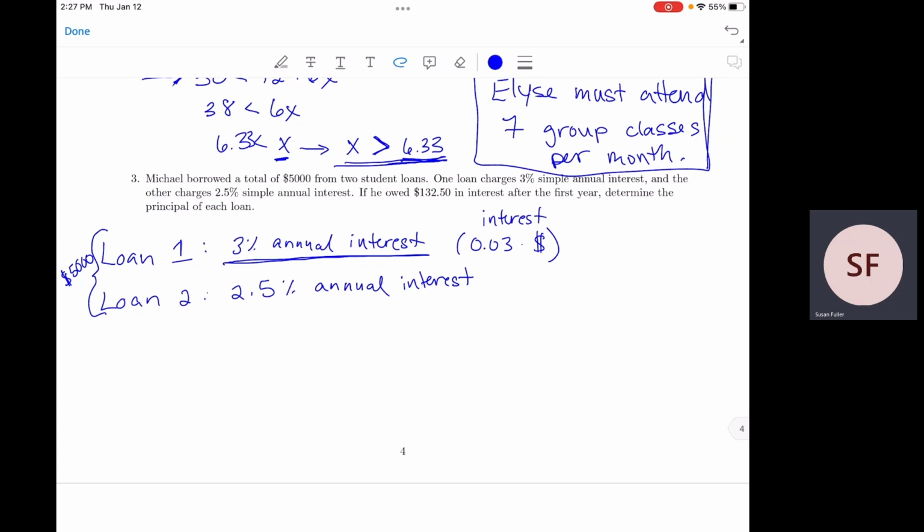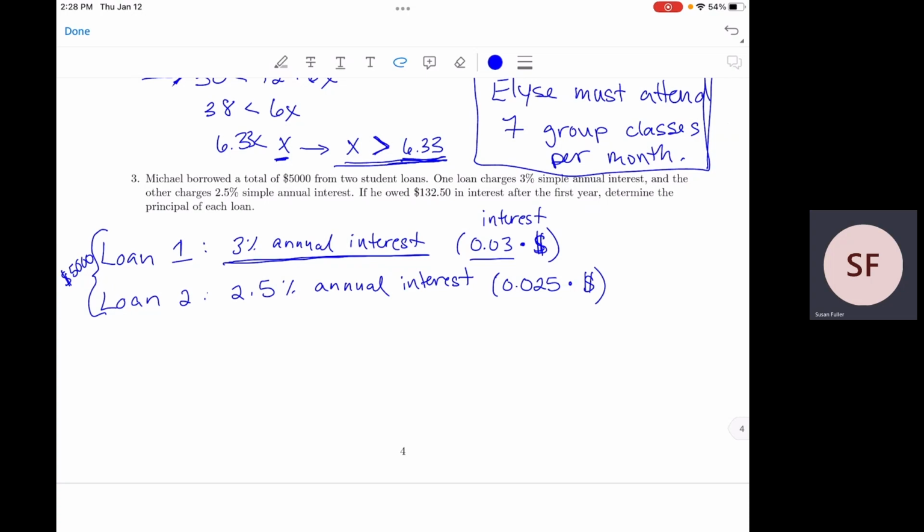It's whatever the percentage written as a decimal times the number of dollars that gives you the amount of interest you're going to pay. Loan two is going to be 2.5% simple annual interest. So the interest on loan two is going to be 0.025, which is 2.5% written as a decimal, times the number of dollars you have in that loan.